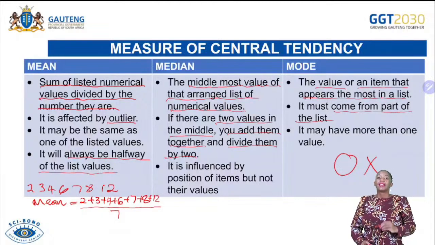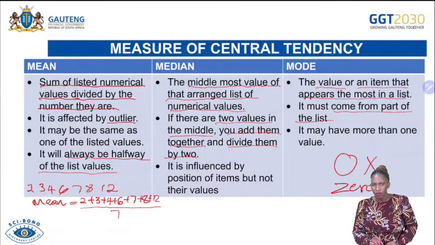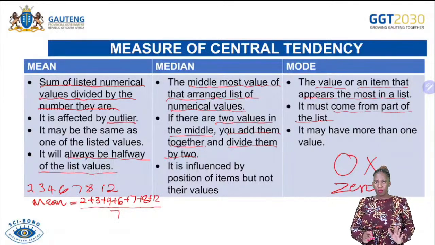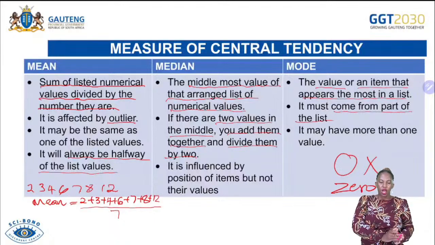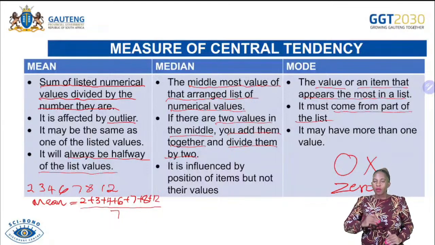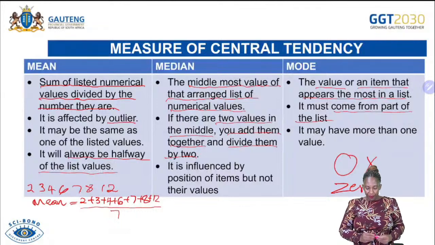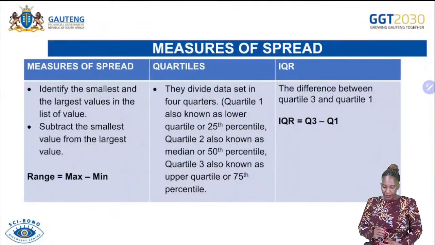Even if you write the word zero, it's wrong, because we want you to say no modal, or rather say none. No modal or none. Stop writing 0 to say the modal is 0. We are going to mark you wrong, because 0 to us is a number. Don't forget that, boys and girls.